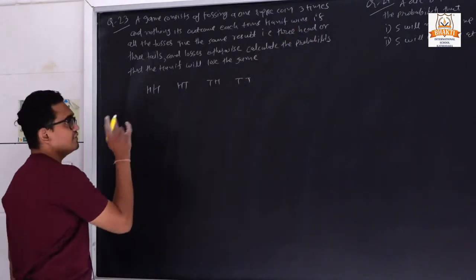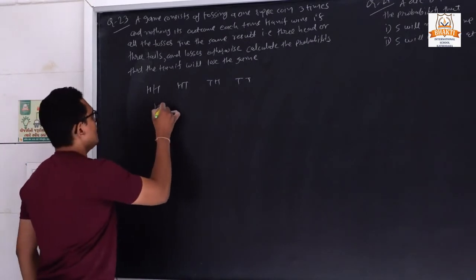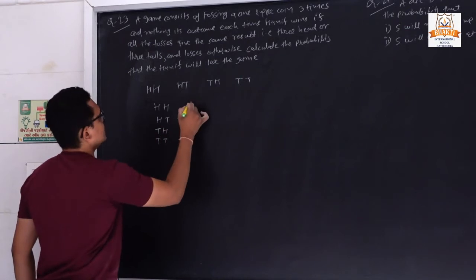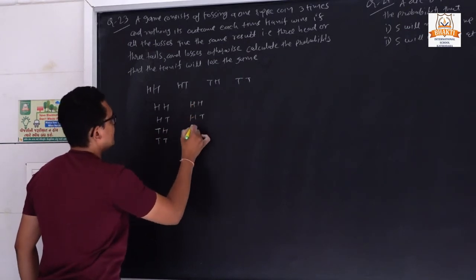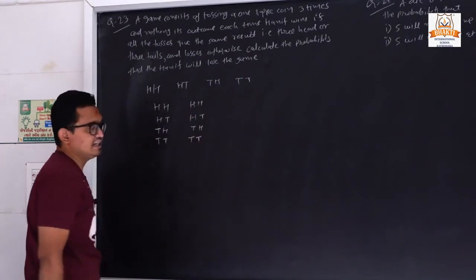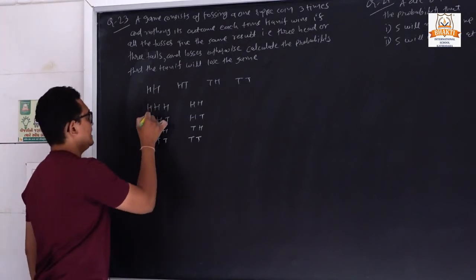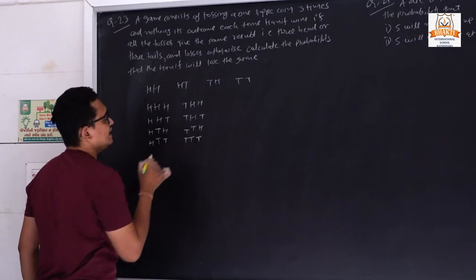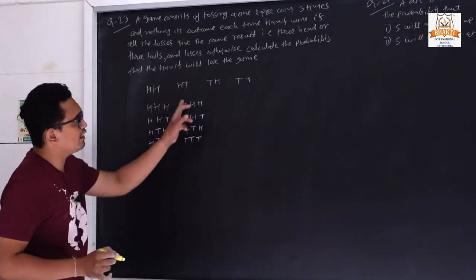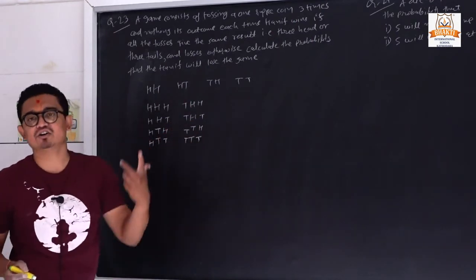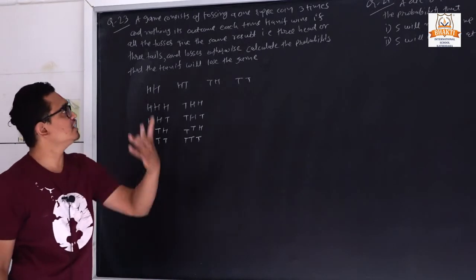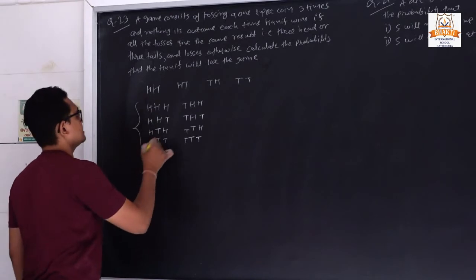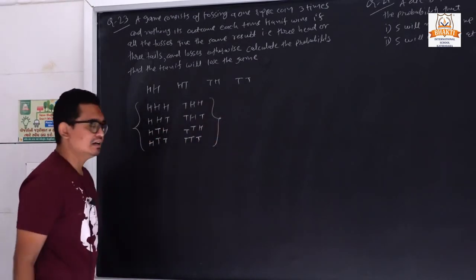So if we have 3 coins, how can we write it? Here we can write HHH and here we can write TTT. So we have a total of 8 outcomes. If we toss the 3 coins simultaneously, the total outcome is 8. Clear?